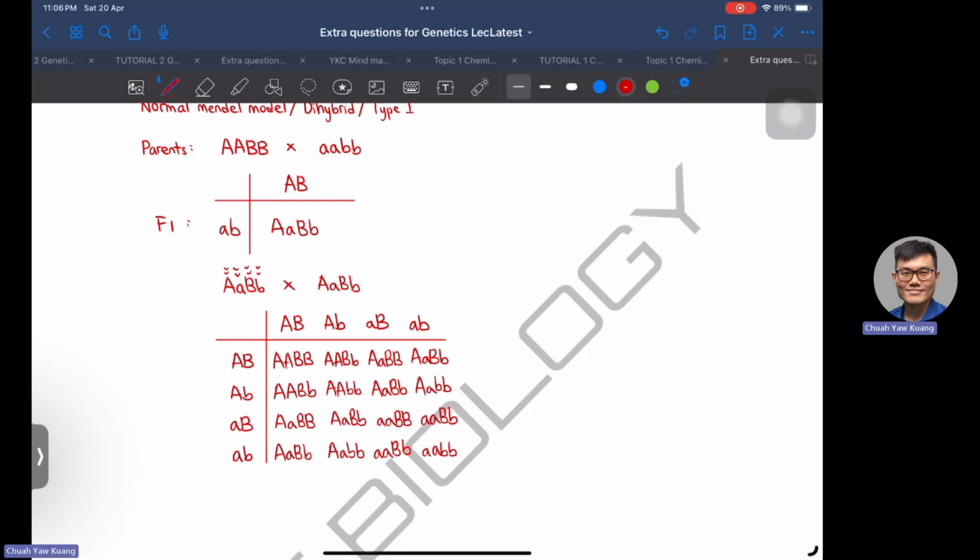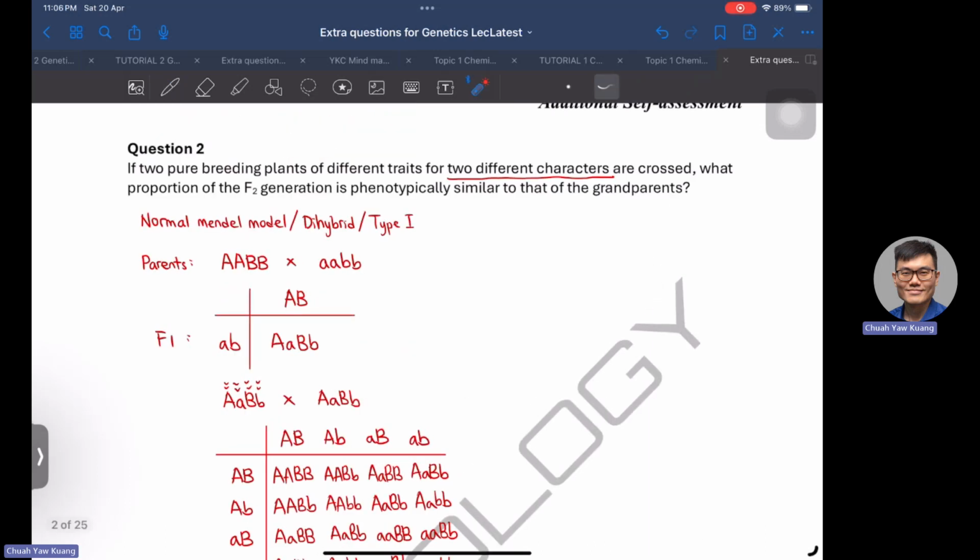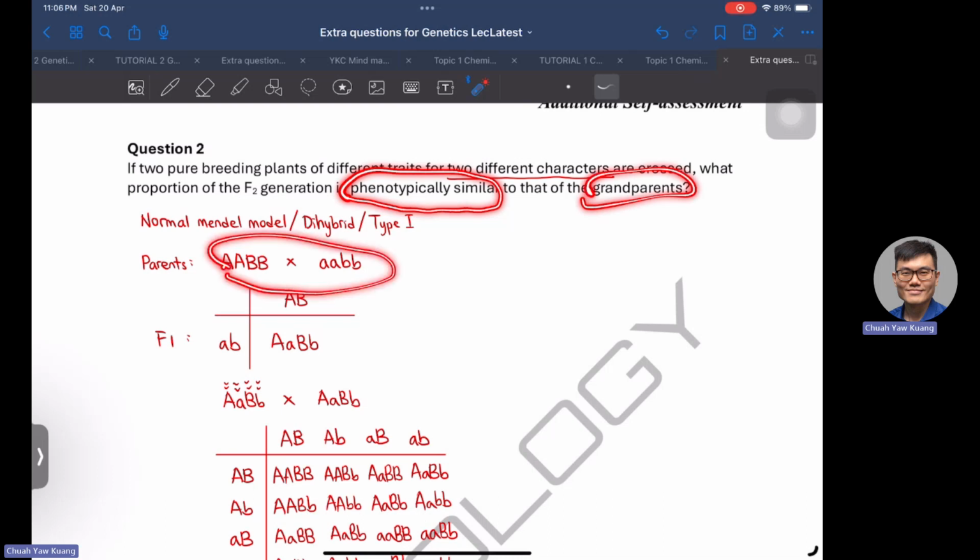Okay, done with the cross. Since the question didn't ask us to find the phenotypic ratio, they are just asking us to find the phenotype that is similar to the grandparent. So you have to find the phenotype, not the genotype.